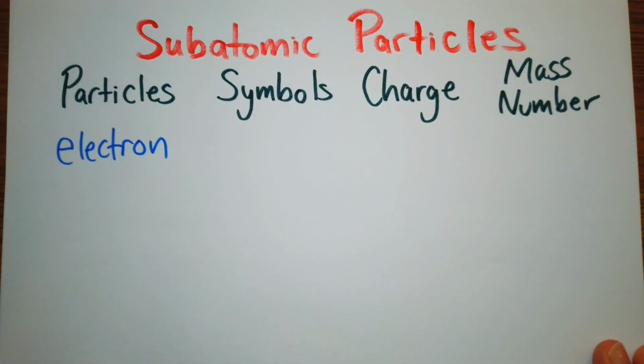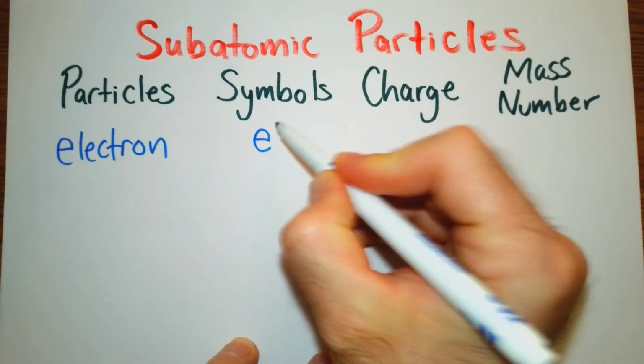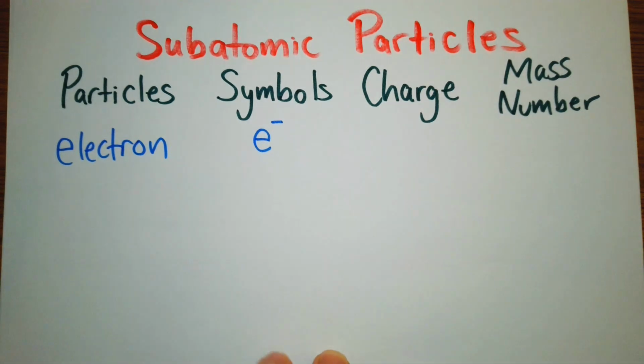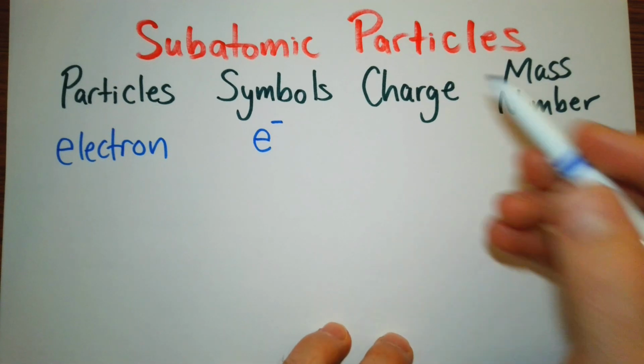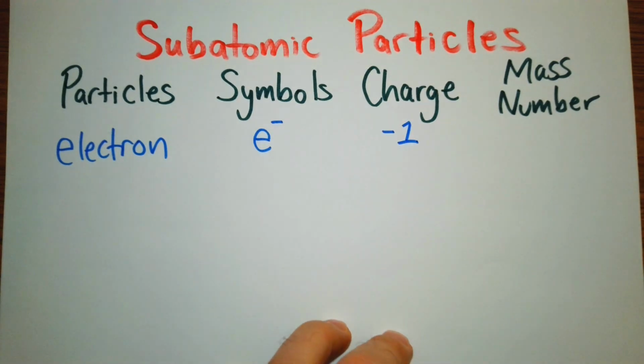The electron has a symbol, and it's used kind of often. It is a lowercase e, with a negative sign right above it, as if it were an exponent. An electron is a charged particle, and so its relative charge is -1.